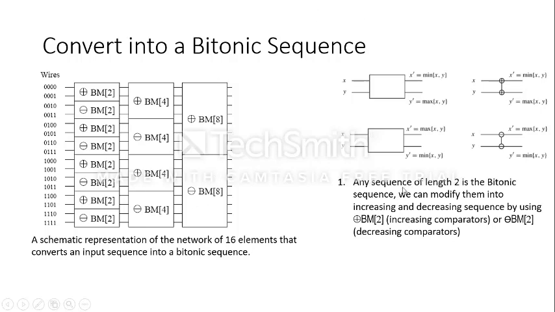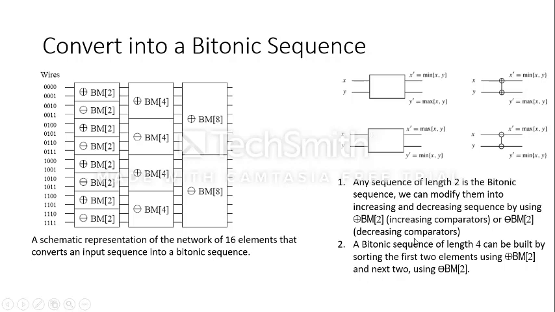As I explained earlier, any sequence of length 2 is a Bitonic sequence, because those two elements are by default either a monotonically increasing sequence or a monotonically decreasing sequence. With respect to our requirement, we can convert them into sorted order or descending order by using increasing comparators or decreasing comparators.